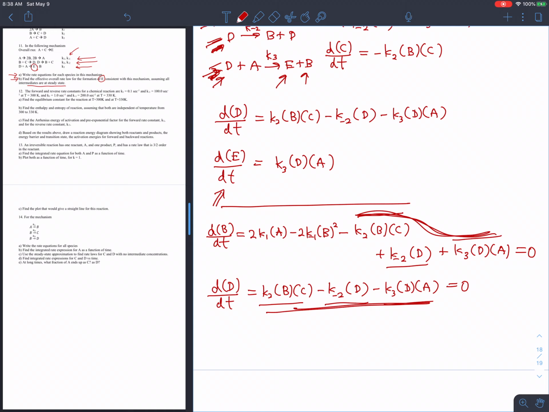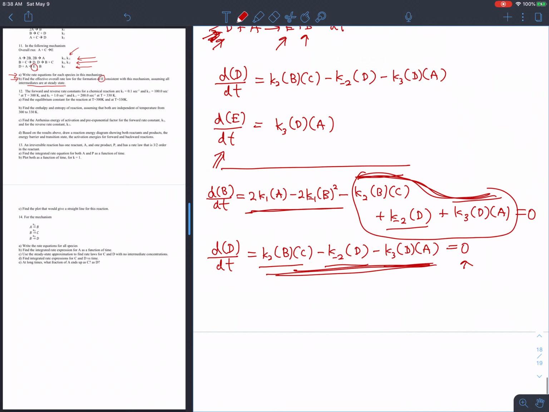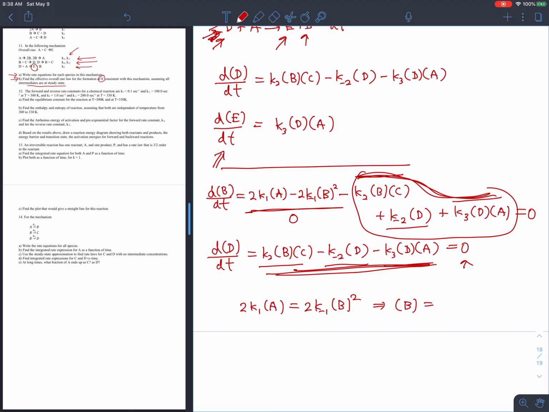And these three together are all equal to 0, which means just this first term is also equal to 0, which means that we can write that 2k1 times A is equal to 2k minus 1 times B squared, which means we can write that B is equal to the square root of k1 over k minus 1, times A to the 1/2 power.